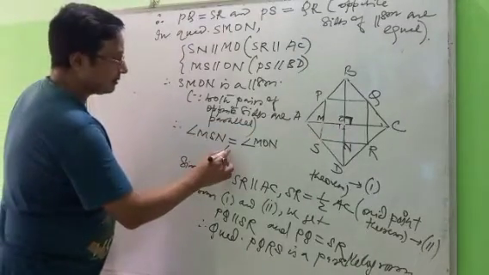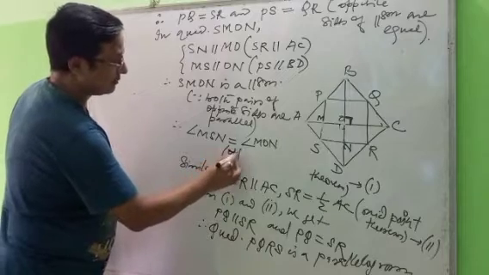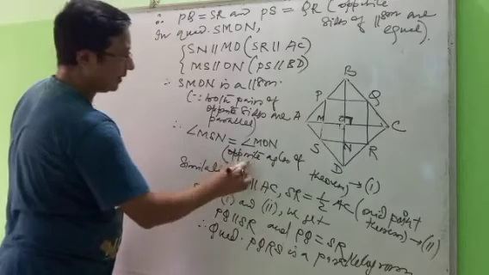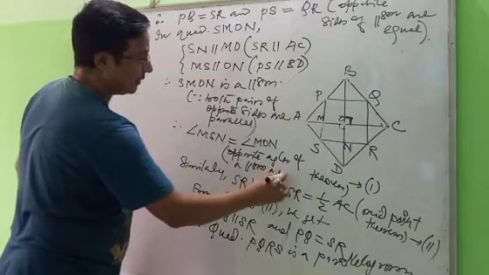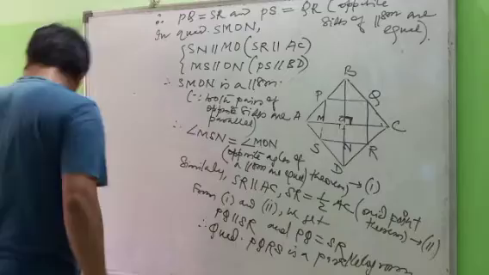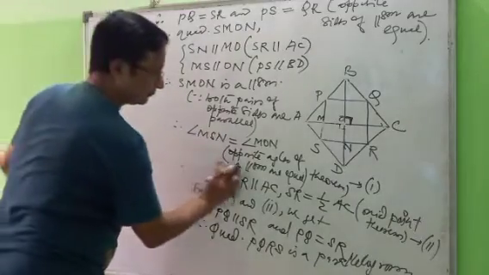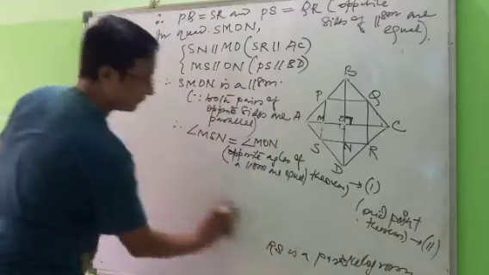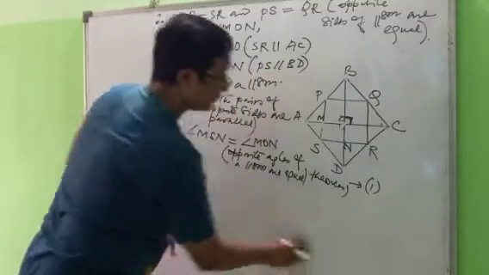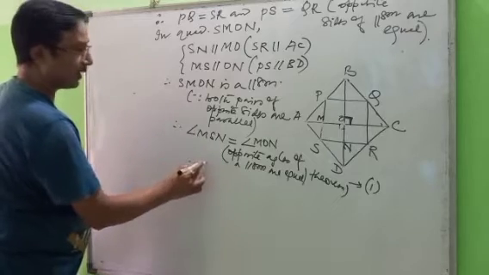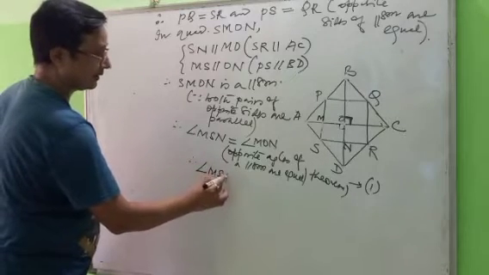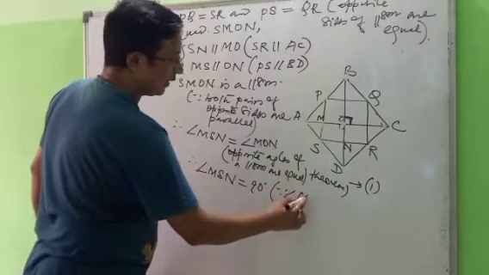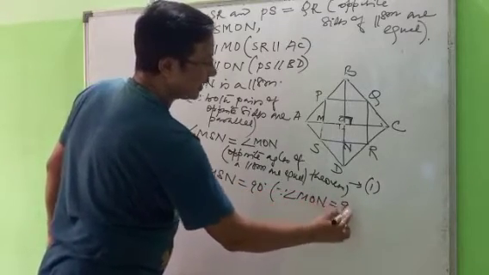So that means, since opposite angles of a parallelogram are equal, therefore angle MSN equals 90 since angle MON is equal to 90.